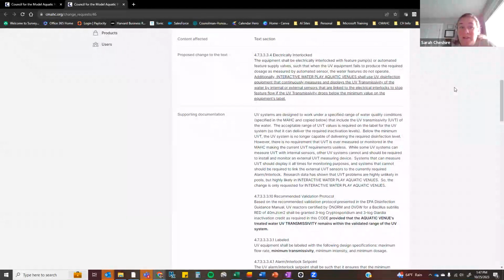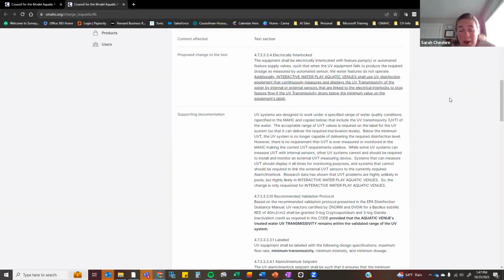I can read the proposed change to the text. It says the equipment shall be electrically interlocked with feature pumps or automated feature supply valves, such that when the UV equipment fails to produce required dosage as measured by automatic sensor, the water features do not operate.